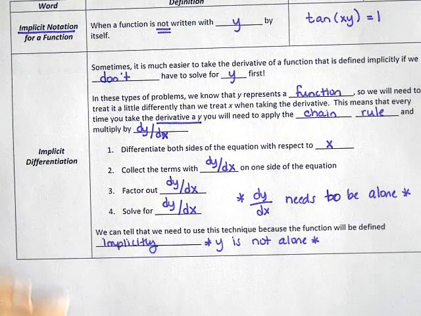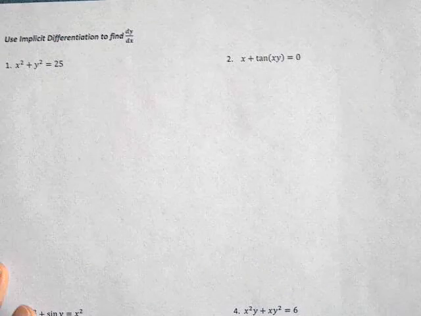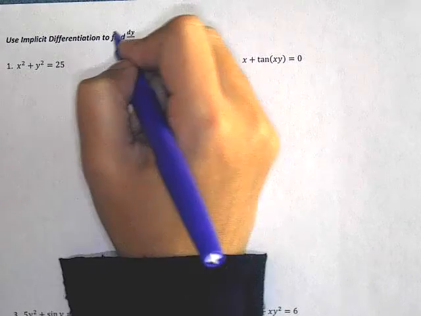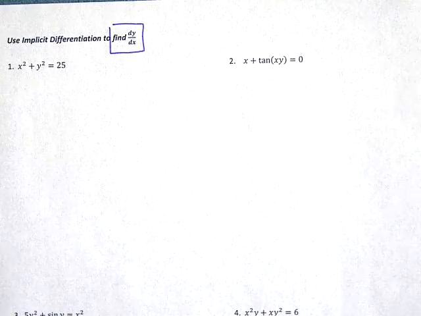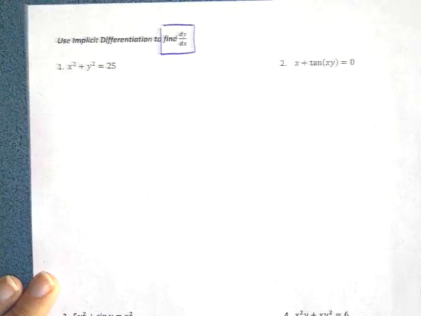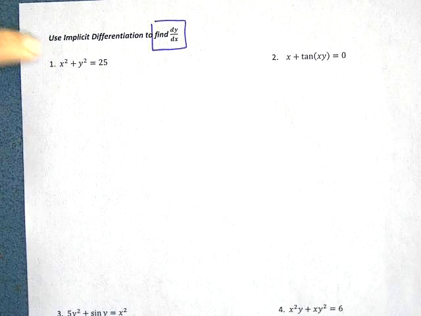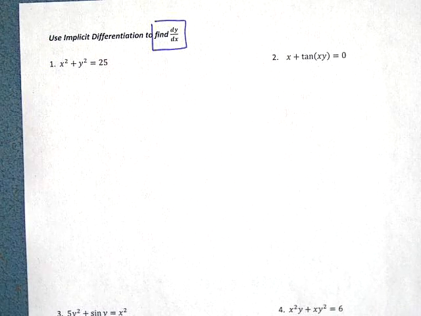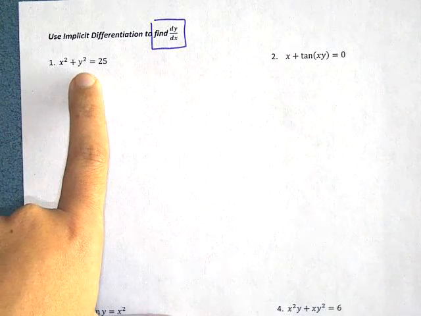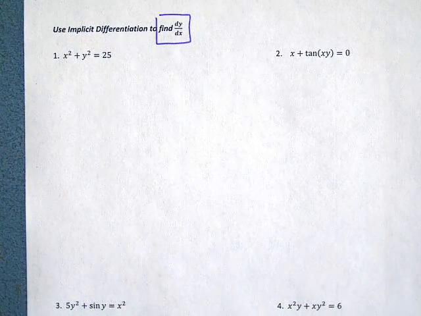So let's see this in action. What does this actually look like? If I look at this first example, it says use implicit differentiation to find dy dx. So I'm even telling you in the directions, you've got to follow a slightly different process here by saying implicit differentiation. Even if I didn't say that, you would know that it was necessary because the y is not by itself. So let's take the derivative.